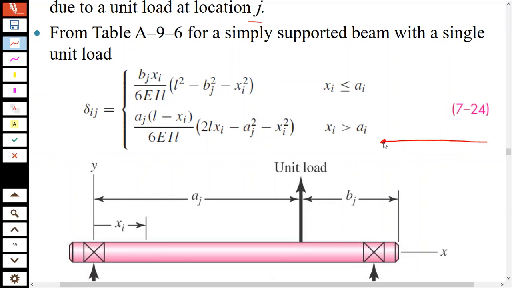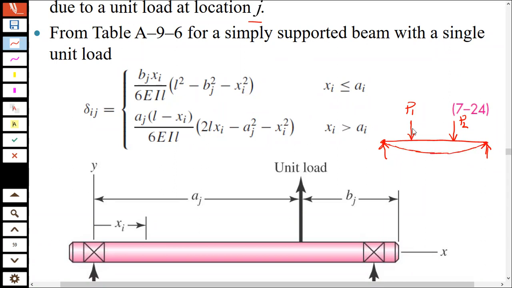Now, let's say that there is a load over here, and let's call this load P1. And there is another load over here, which is P2. Now, if we look at the deflection of this shaft, let's assume that the deflection somehow is like this.